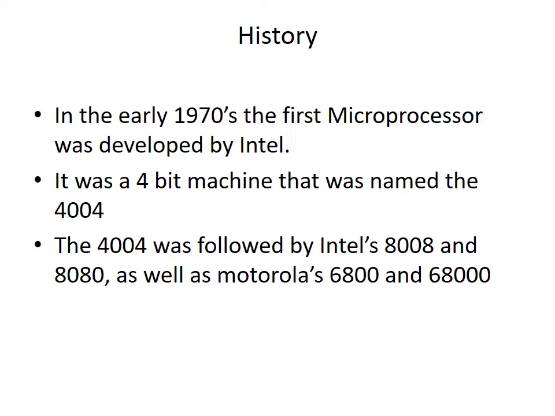In the early 1970s, the first microprocessor was developed by Intel. It was a 4-bit machine that was named the 4004. The 4004 was followed by Intel's 8008 and 8080, as well as Motorola's 6800 and 68000.